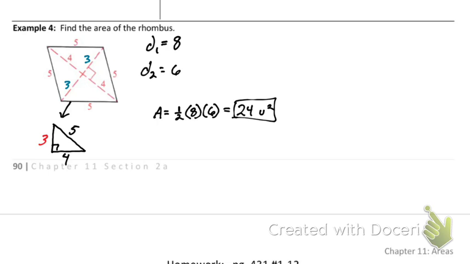Half base times height. One of the areas of a rhombus. Base times height. What's the other formula for a rhombus? You guys all answered. Jacob. Yep. Half of both of our diagonals multiplied.